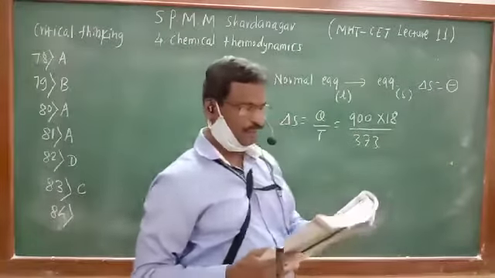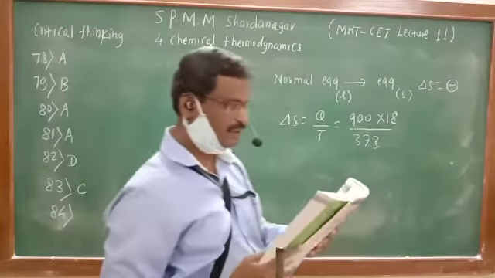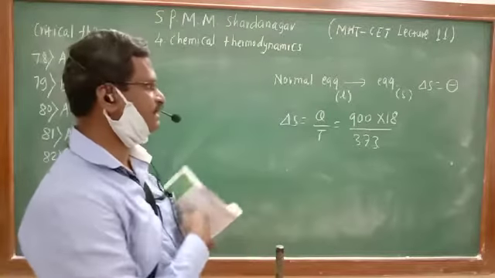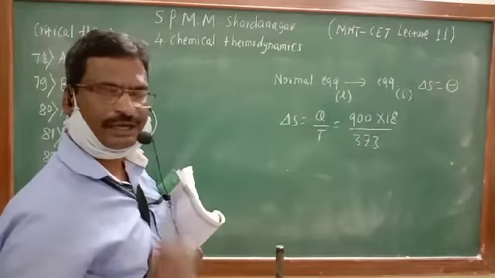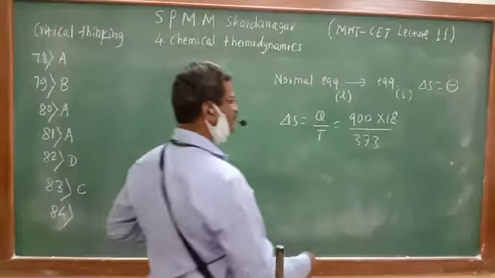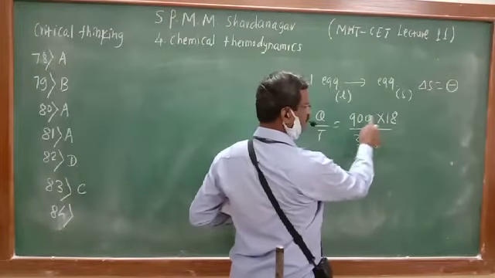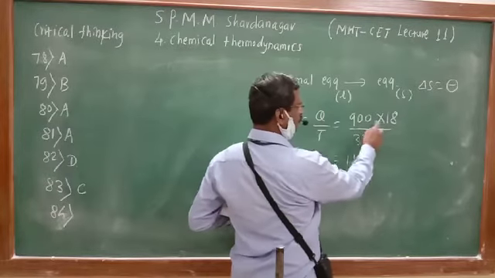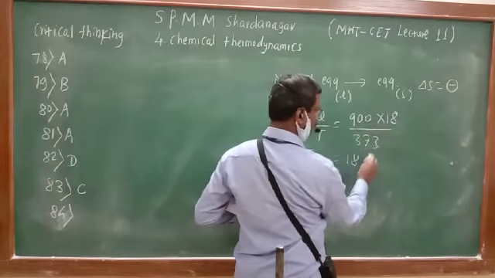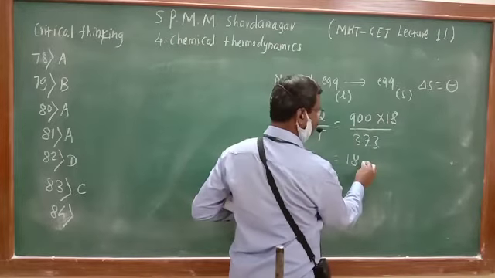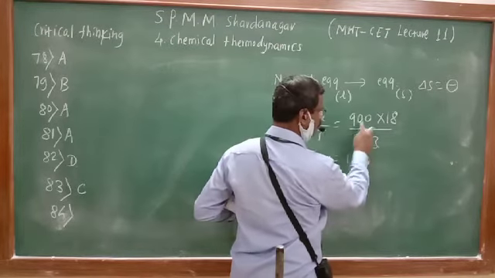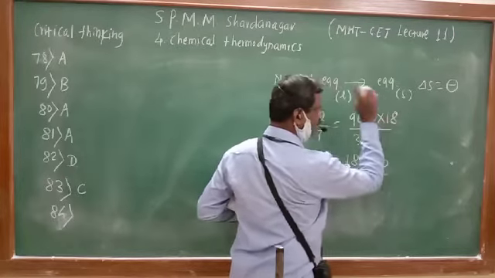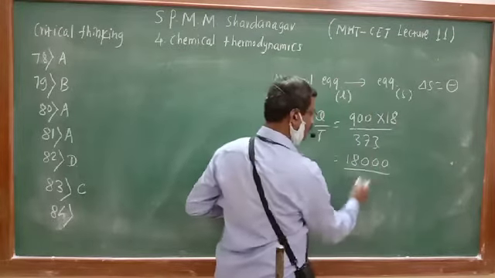If we solve this, we must get an answer almost equal to 40. So it will be 900 into 18, almost 18,000 divided by 400.